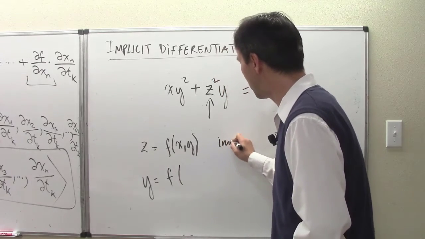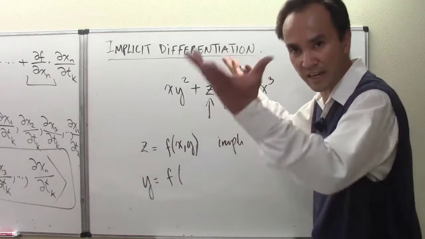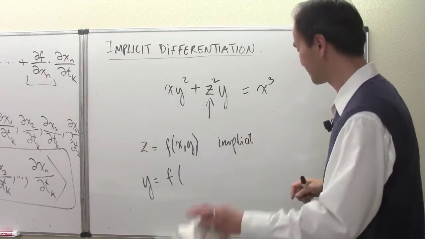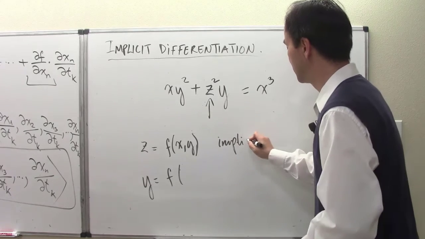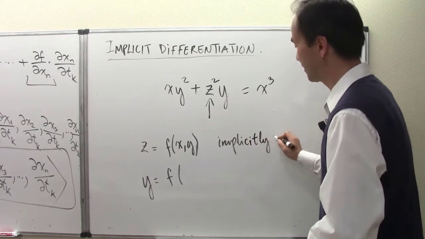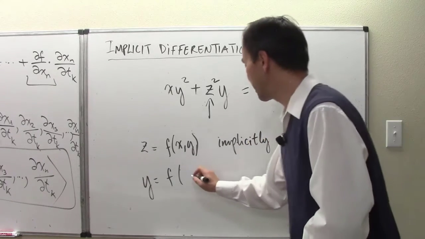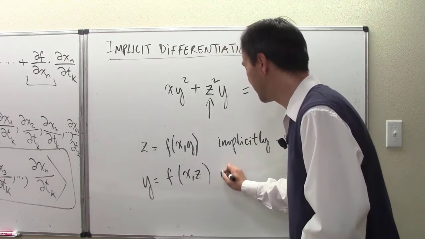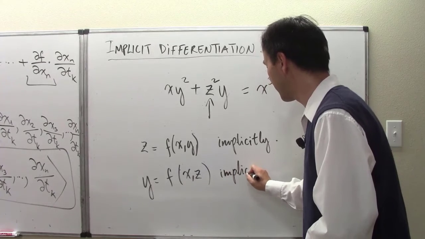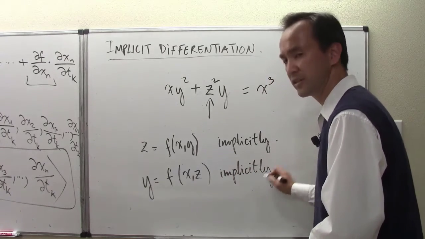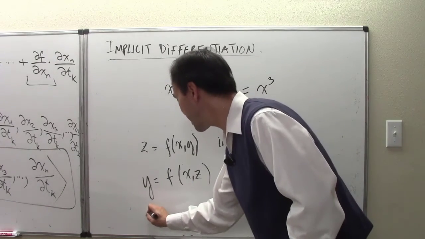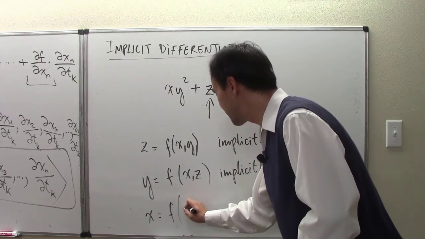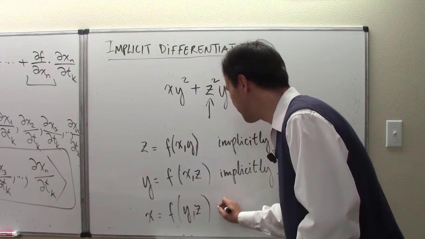So this is all implicit because it didn't say what that function is. And the same thing right here: y could be a function in terms of x and z defined implicitly, and so on. And x can also be defined as a function in terms of y and z implicitly.